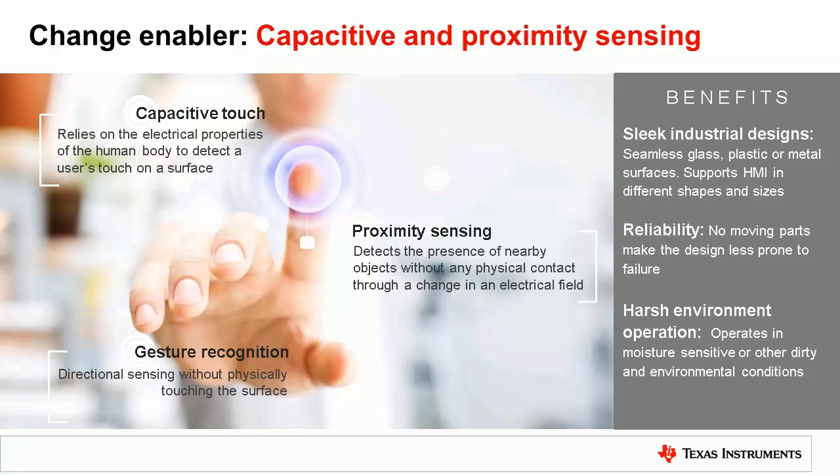And the nice thing with capacitive and proximity sensing is this technology helps drive things to much more reliable designs. You get rid of moving parts. You get your HMI design sealed, so you can work in harsh environments, whether you're in moisture-sensitive or very dirty environments. It just gives a lot of flexibility when you're looking at HMI in general.